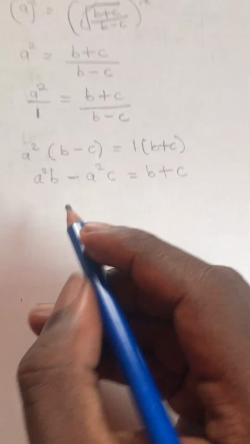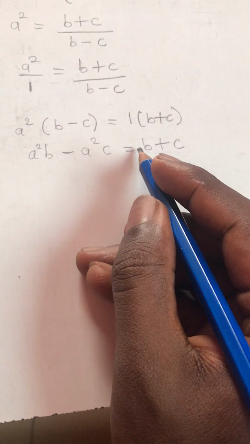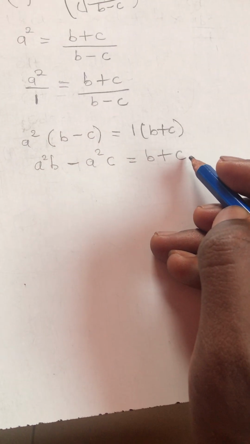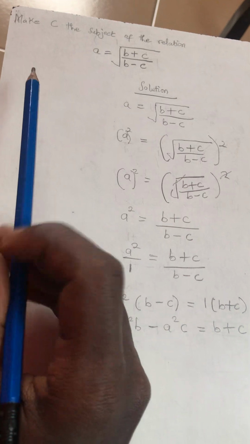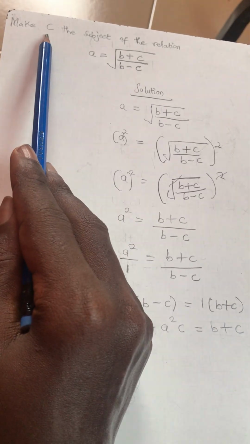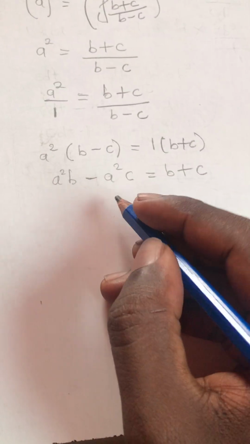So here we've gotten our equation to be a squared b minus a squared c equals b plus c. And based on the preamble of our question, we were tasked to make c the subject of the relation, so we group like terms from here.